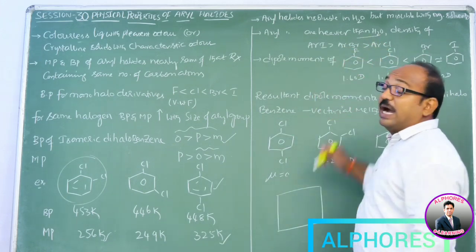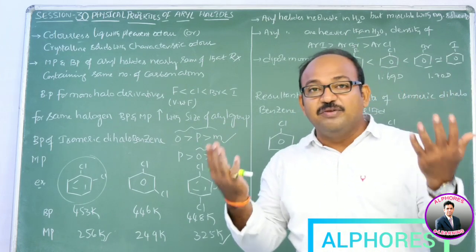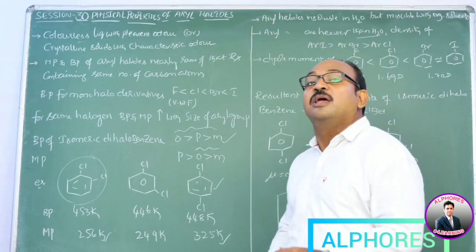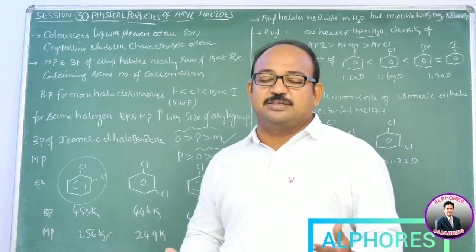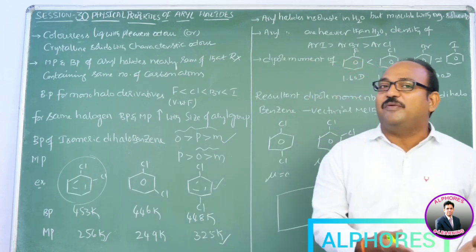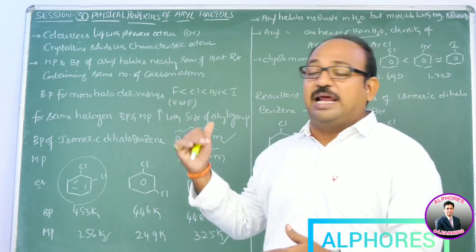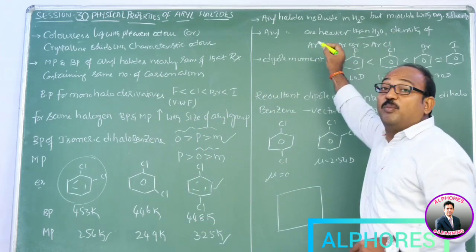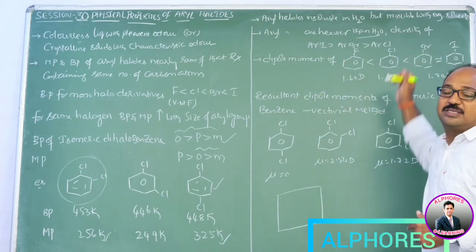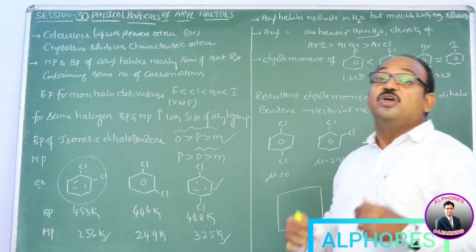The density of aryl halides increases with increase in the atomic weight of the halogen or with increase in the molecular weight of the aryl halide. So aryl iodides are denser than aryl bromides, and aryl bromides are denser than aryl chlorides.